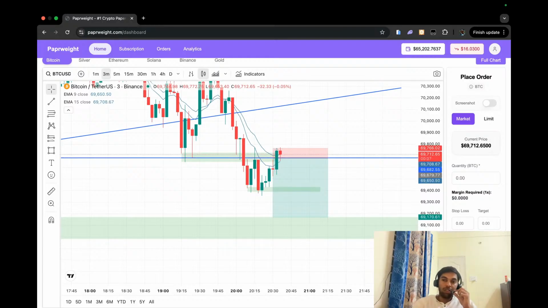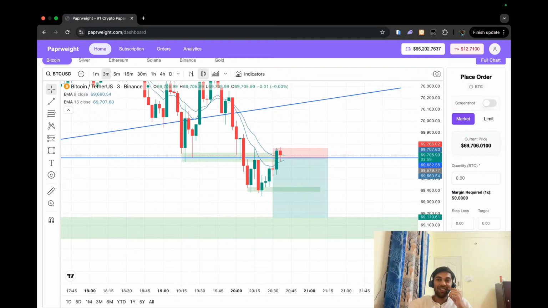Okay, after so much pumping, motivating, everything I have done. BTC, what? Okay. Maximum $50 is the stop loss that we can take, and otherwise we will come out of this trade. $50 is the maximum stop loss.